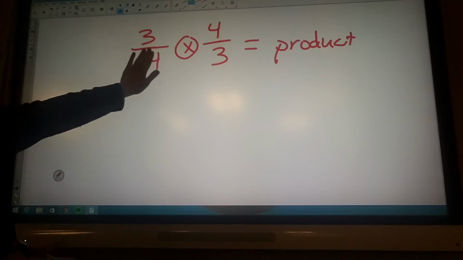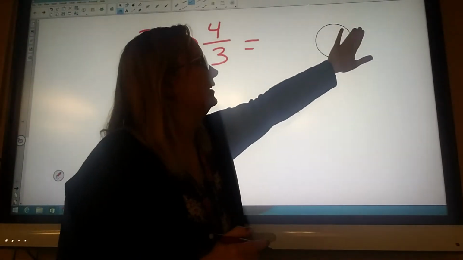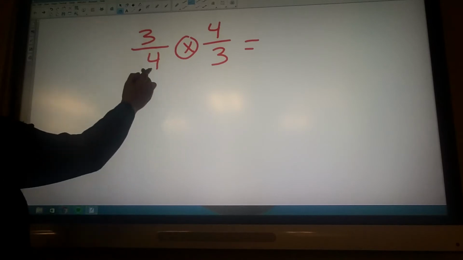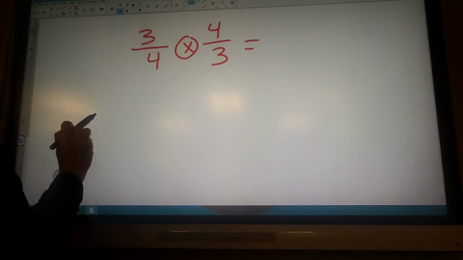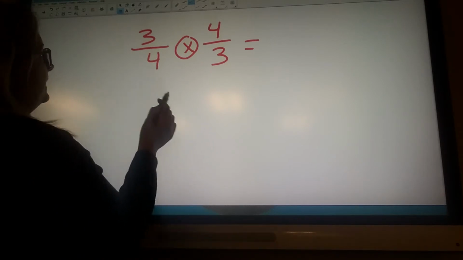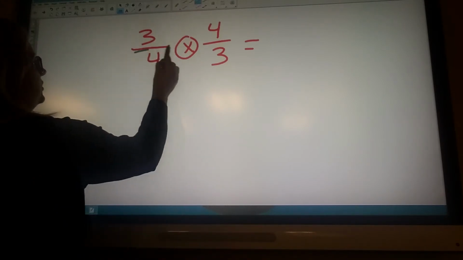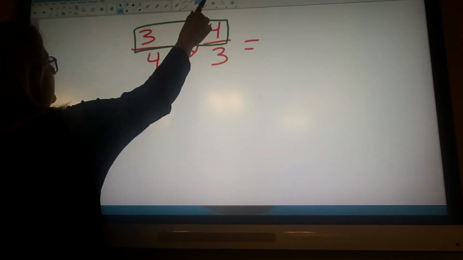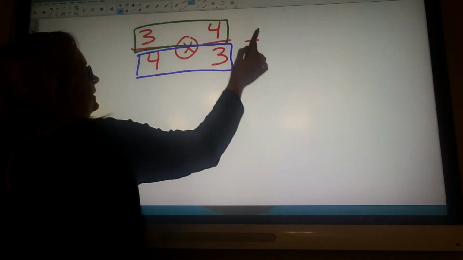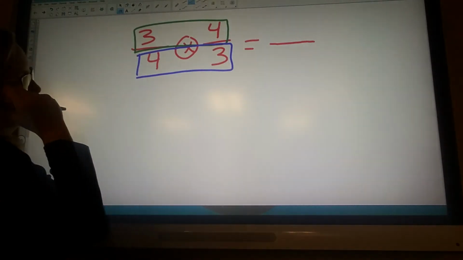So if I was looking at this problem, let's figure out if this is a reciprocal problem. If I'm taking two fractions and I'm multiplying them, well, if the answer is 1, we know it's a reciprocal, so let's find out. The way we multiply fractions, remember, is we have the top and the bottom. So let's say I started with the bottom because I think the last few times I've done that. You can do it either way.